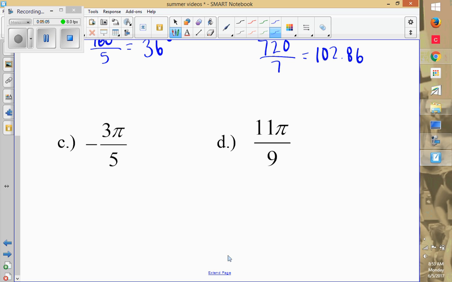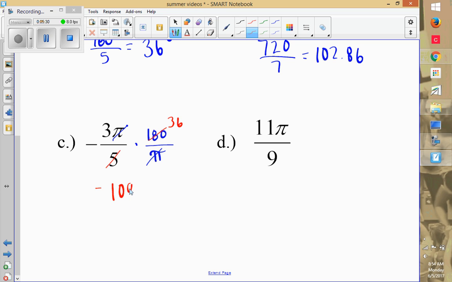And two more here. So we have negative 3 pi over 5 multiplied by 180 over pi. Pi's cross off. It might be easier if you can do a little simplifying first. 180 over 5 is going to be 36. So all you then have to do is 3 times 36, and you would get 108.